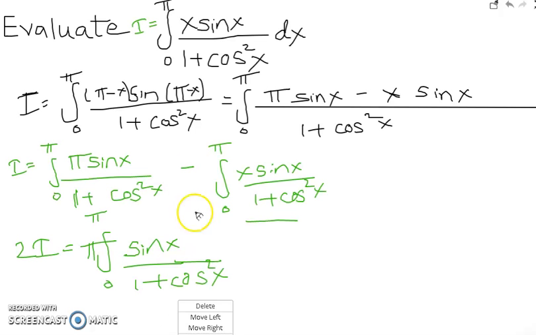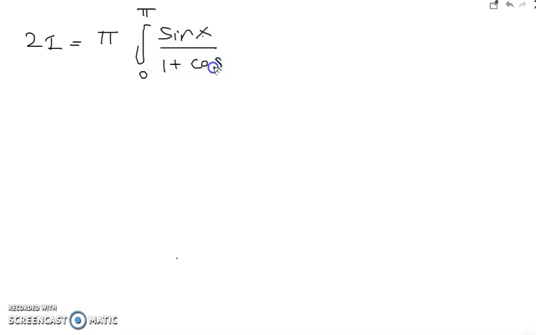Now just we write the question. What was the question? Till now what we got? 2I is equal to this, right? 2I is equal to pi times the integral with upper limit pi, lower limit 0, of sin x by 1 plus cos square x dx. Here this we have got.